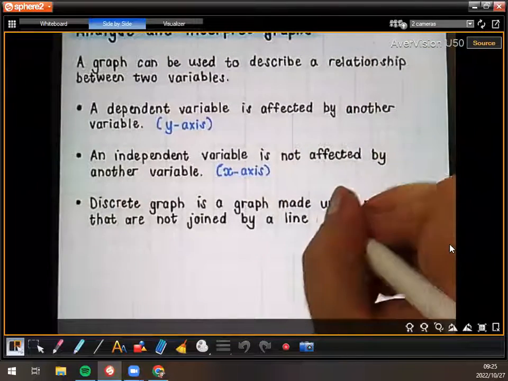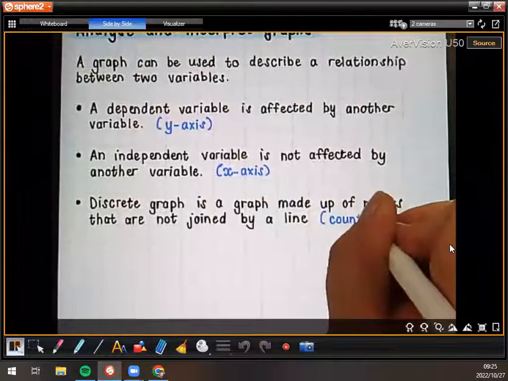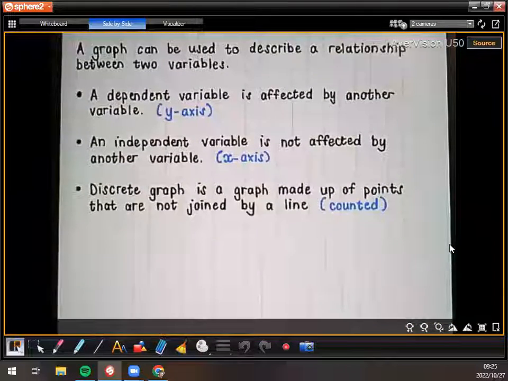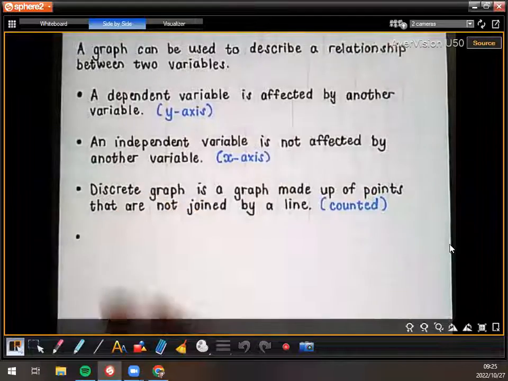And guys, this kind of graph is usually used for things that can be counted. I'll explain the difference now once I've written the other one down.